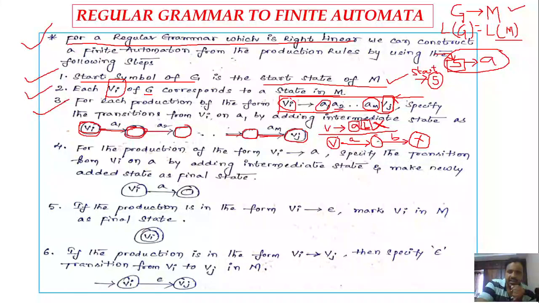In this way you can construct the states and transitions for the given production. So specify the transition from Vi on a1 by adding an intermediate state. That is rule number 3 here. Next, for the production of the form Vi denotes a.